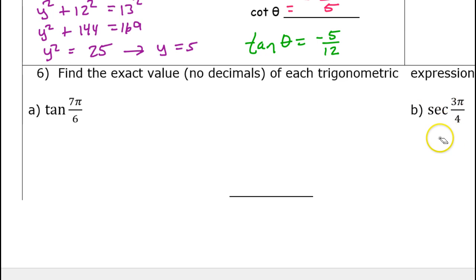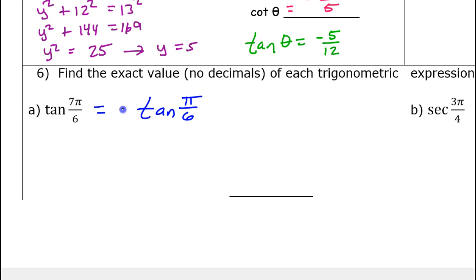Okay, so if these weren't special angles, we would have to do something different than what I'm about to show you. But that's for another video. So for right now, what you need to understand is the function of any angle is going to be the same thing as the function of the reference angle, except for one thing.